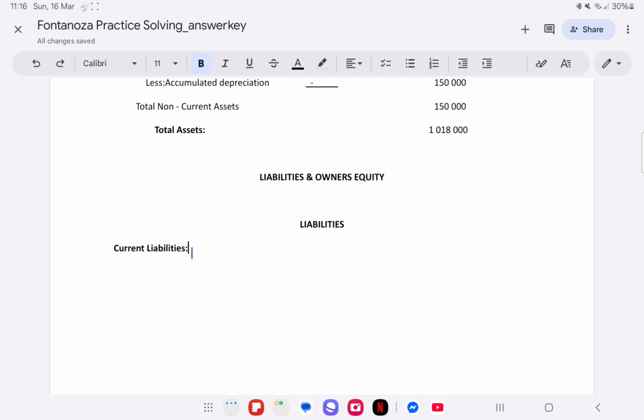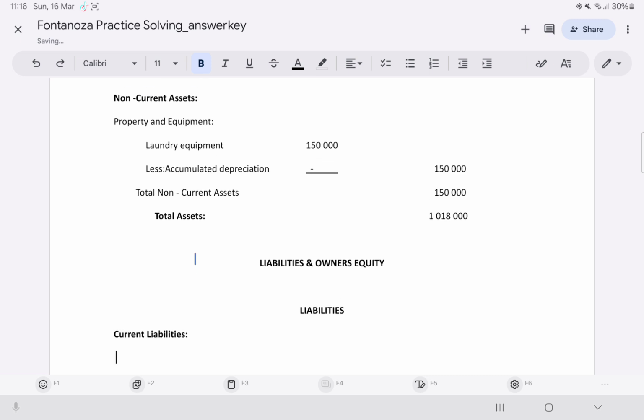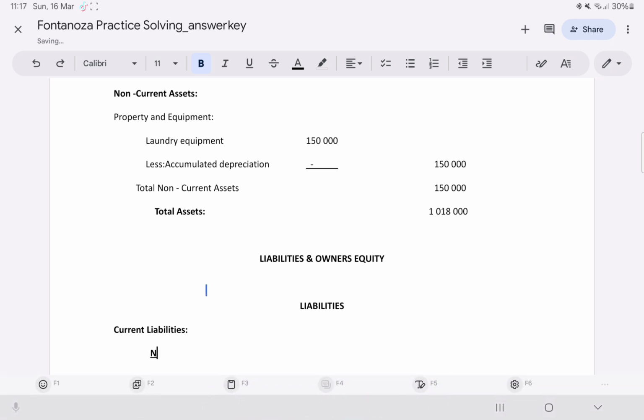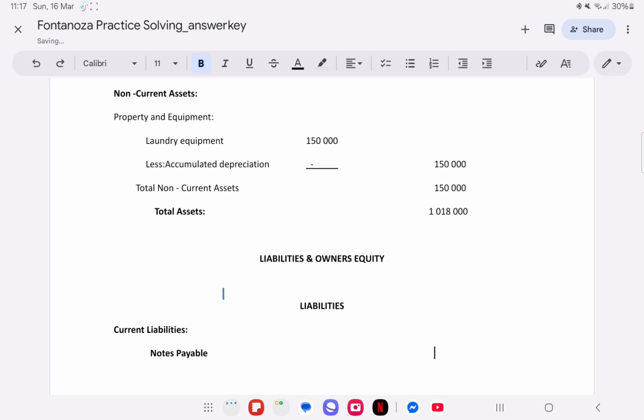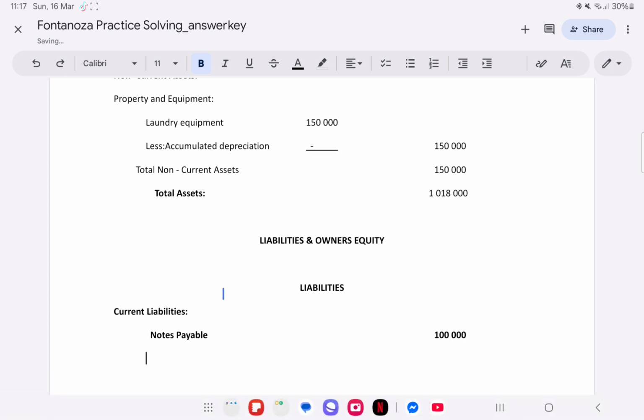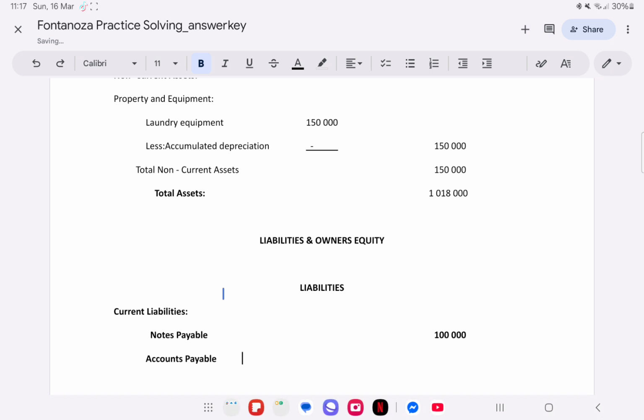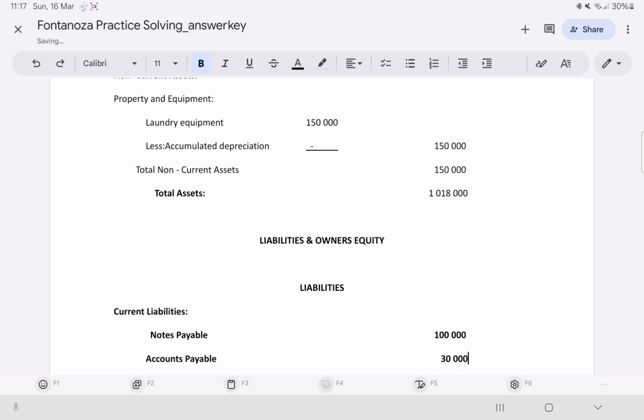Now let's proceed to the statement of financial position. In current liabilities, our account title is notes payable worth 100,000. Then we have accounts payable amounting to 30,000.